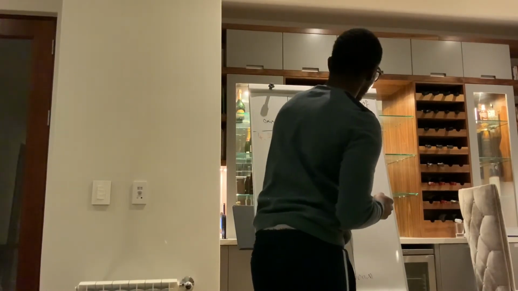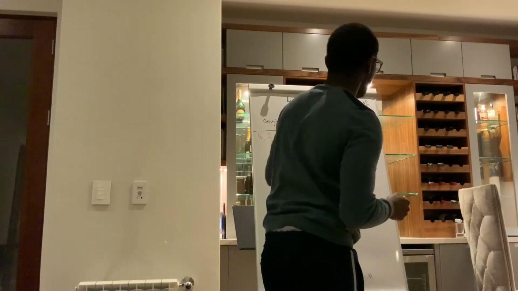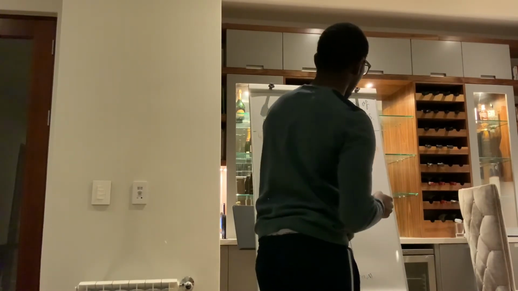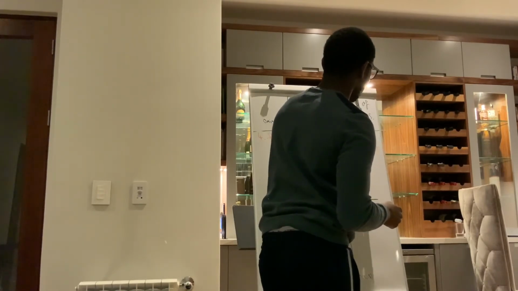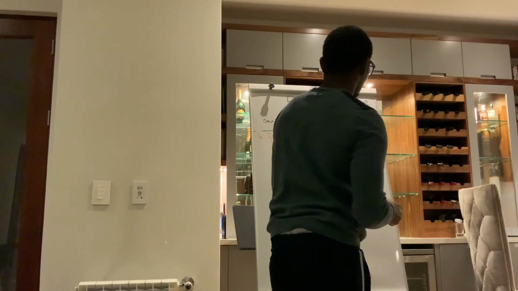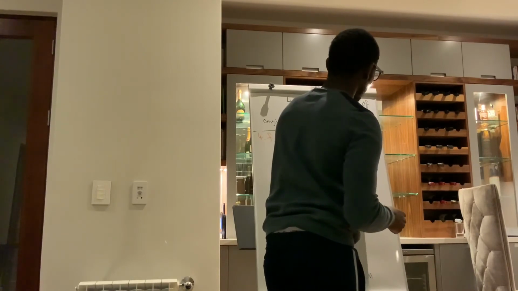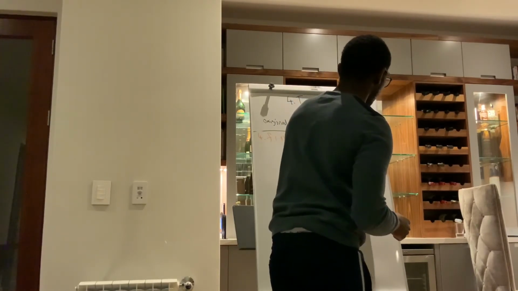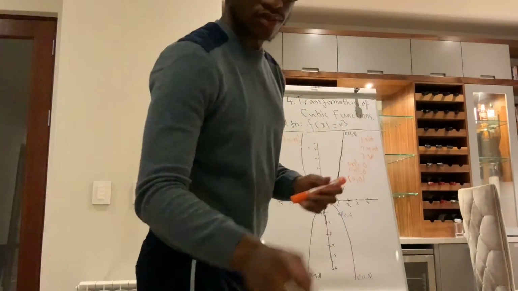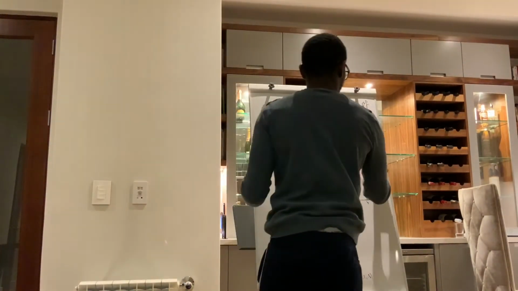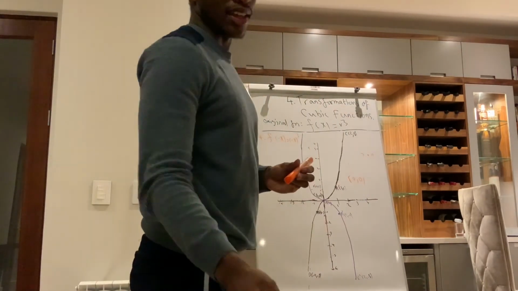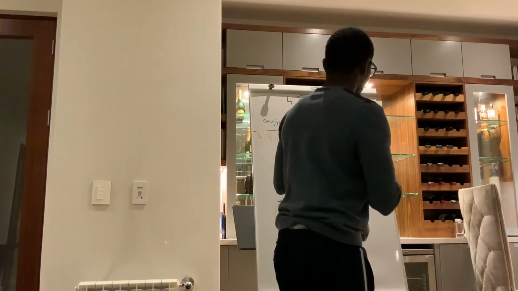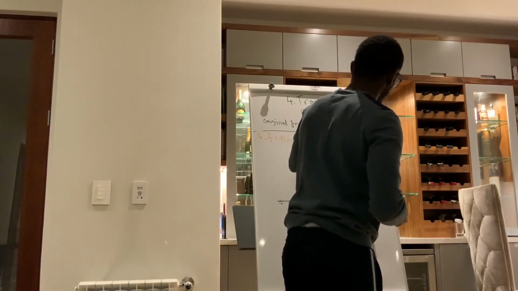So f of negative x, or negative x cubed, has to be equal to 0. Well, that can only happen when x is 0, as you have negative 0 cubed, which equals 0. So y is 0 only when x is 0. So clearly again we see that the x-intercept and the y-intercept is the origin, as we'd seen before.